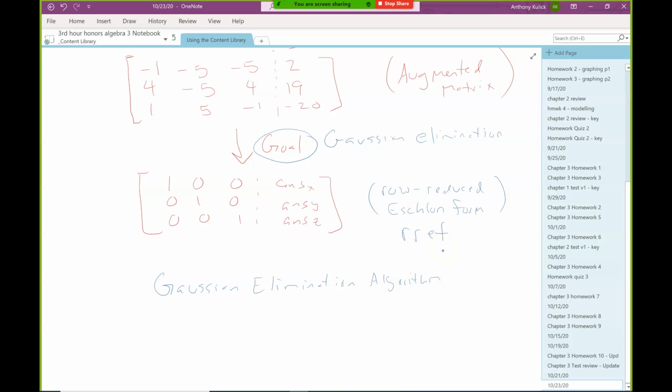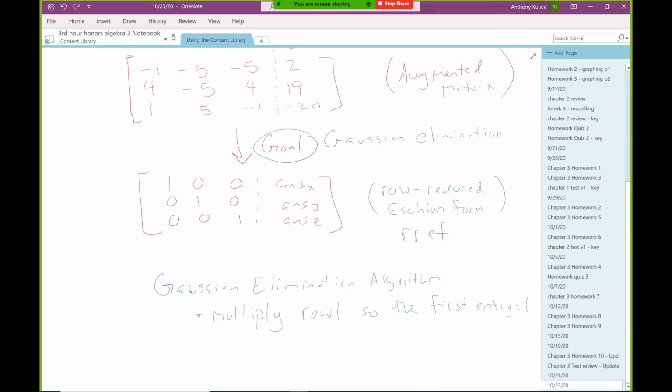Okay. So the Gaussian elimination algorithm, basically this is what it does. So first thing you do is you multiply row 1 so that the first entry is equal to 1, assuming that the first entry isn't 0 already.